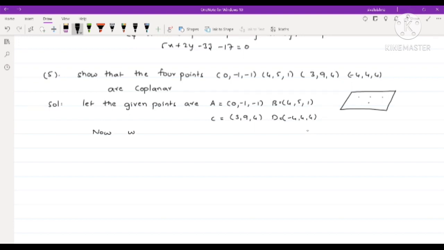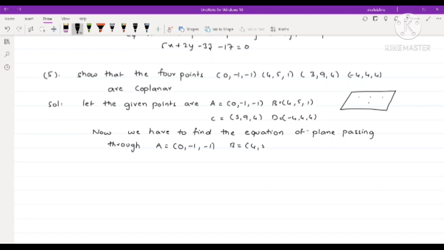Now we have to find the equation of the plane passing through A, B, C. So A is 0 comma minus 1 comma minus 1, B is 4 comma 5 comma 1, C is 3 comma 9 comma 4.